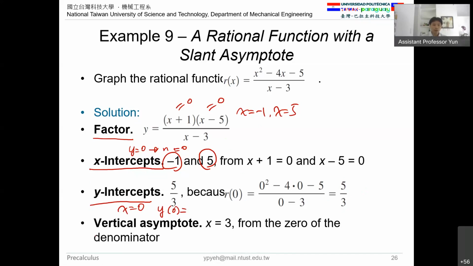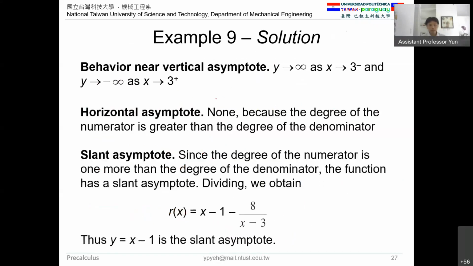And then find the vertical asymptotes. We simply know that it is from the denominator, to find the zeros of the denominator, where x equals 3. Okay, so next find the end behaviors of this vertical asymptote.